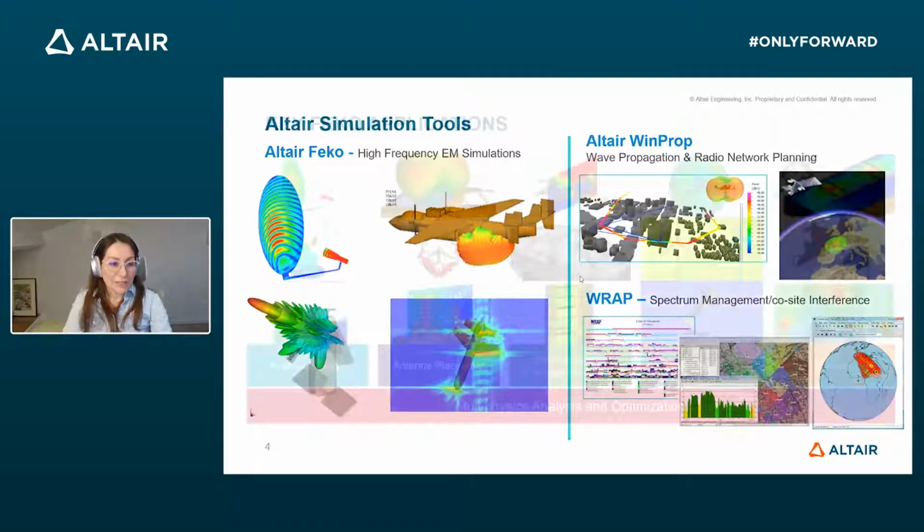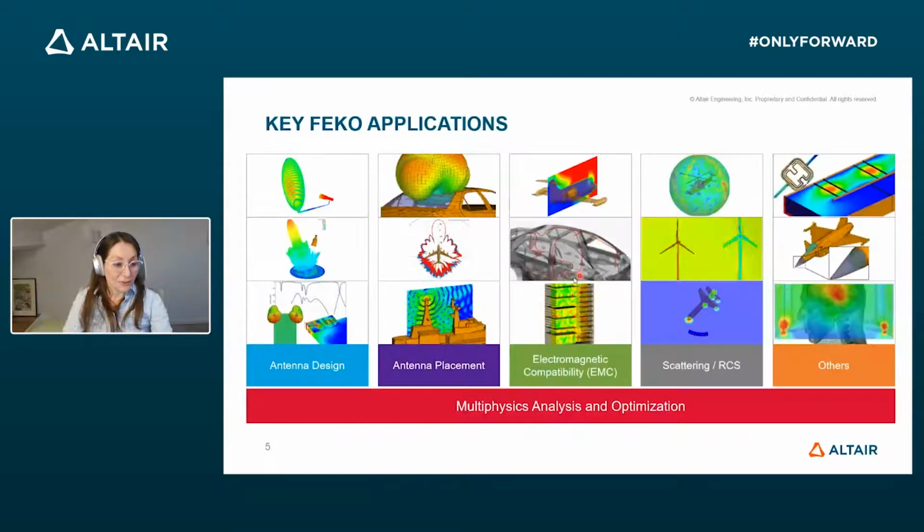So to start with the key features of Feko, as I've mentioned, we have the antenna design applications, where we are mainly interested in optimizing a specific antenna. So firstly, creating it and then analyzing its performance and optimizing it to perform the requested outputs, given the application and the communication system on which we are working.